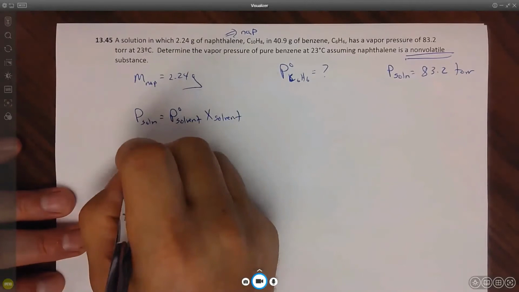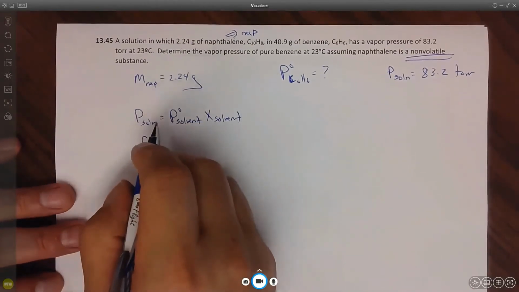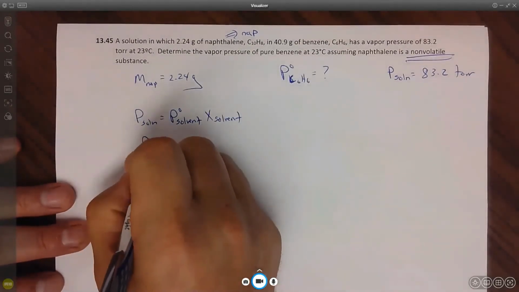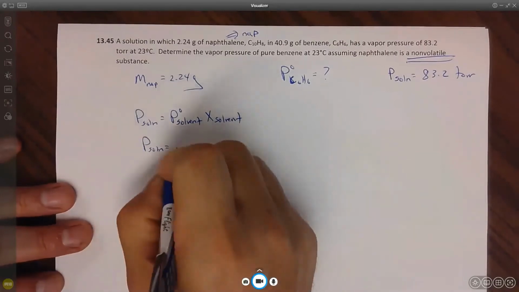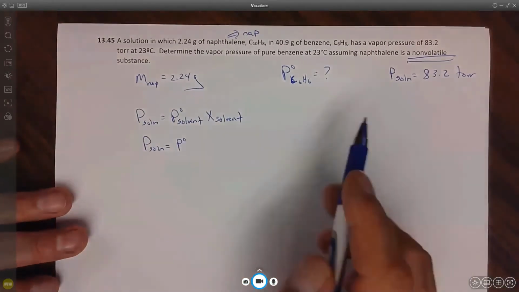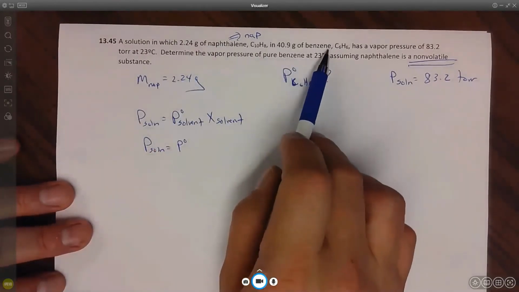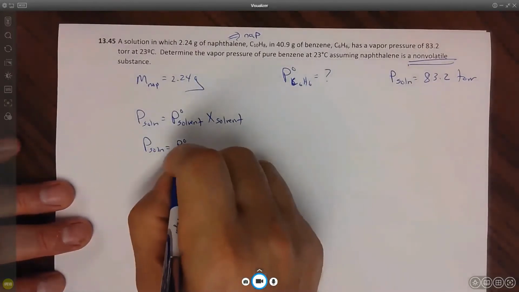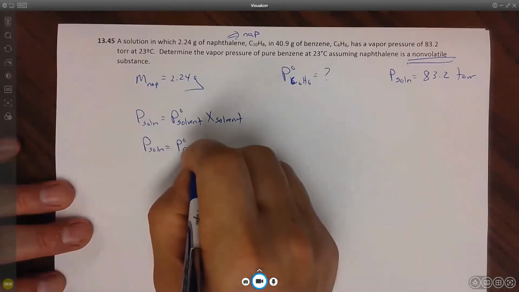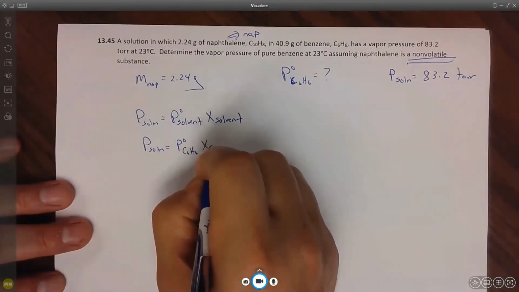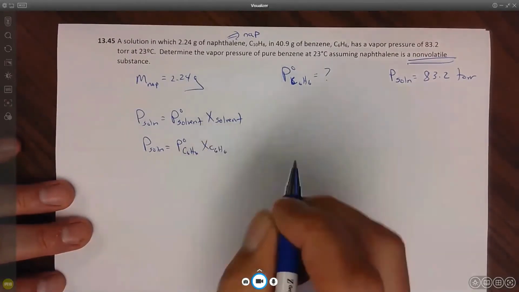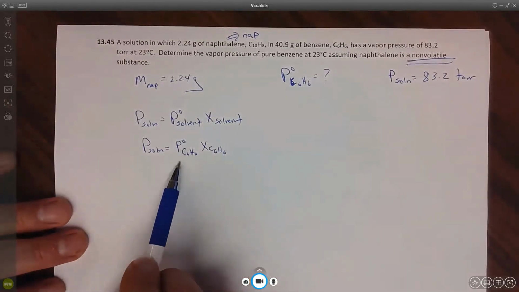Our solution is the naphthalene in benzene, so I'll just keep calling that the solution. The solvent is the benzene, right? So this was dissolved in this. So this is our solvent, and then that would be the mole fraction of the solvent. And I am looking for this, right?